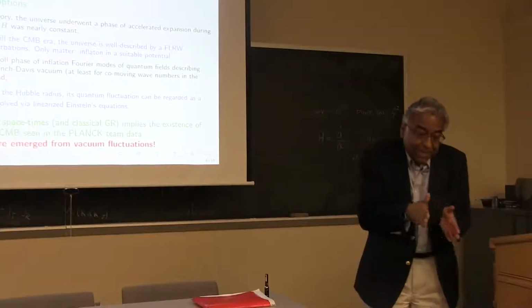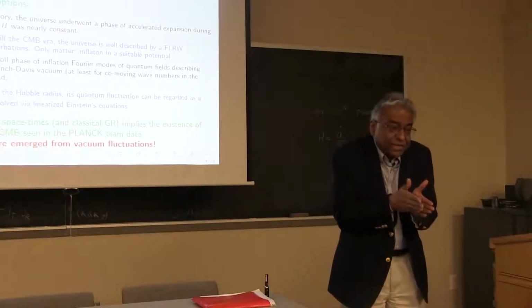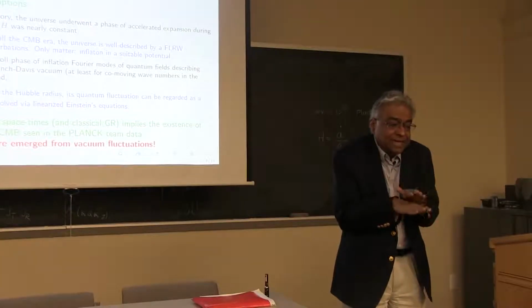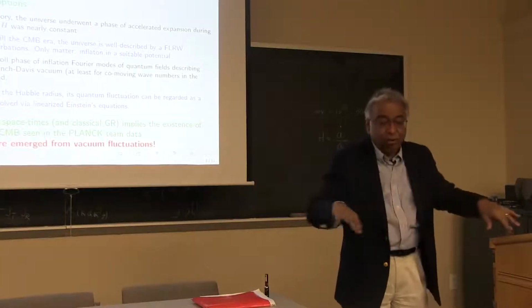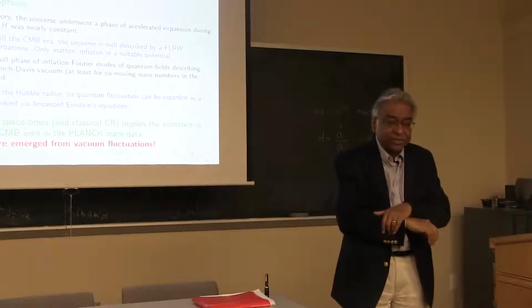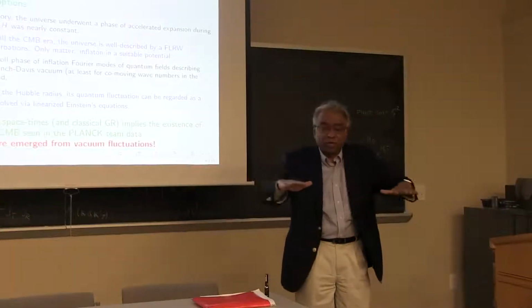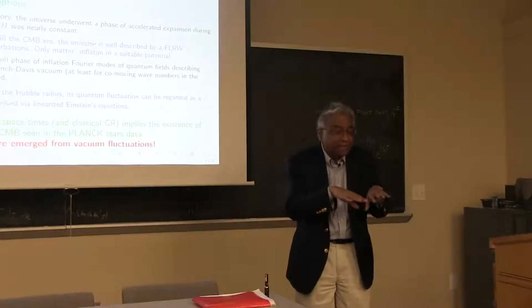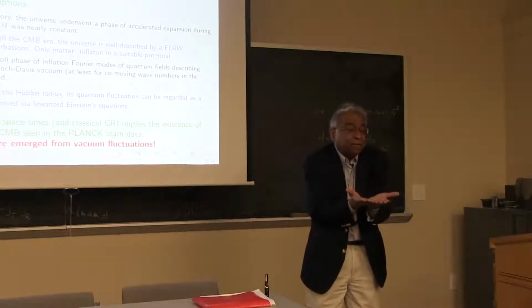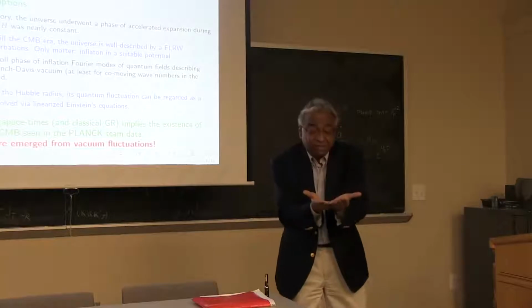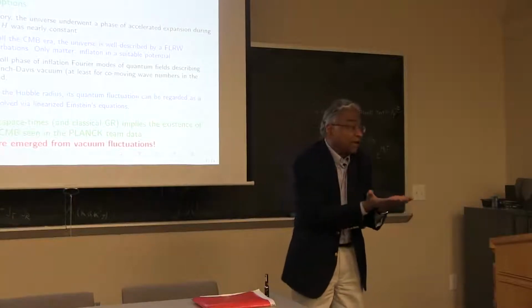And in the beginning, since the expansion is nearly exponential, we say that we have these quantum cosmological perturbations. You've got a background space-time, which is Friedmann-Lemaitre-Robertson-Walker space-time, but then there are cosmological perturbations. We treat them as quantum fields, and we assume that they are in the vacuum state.